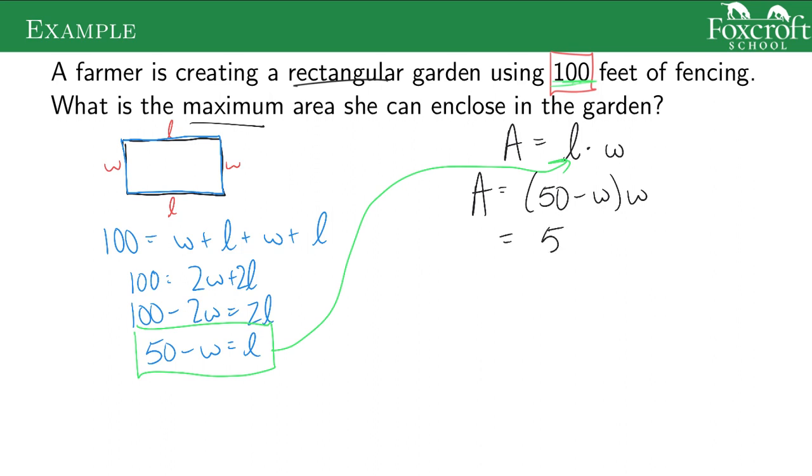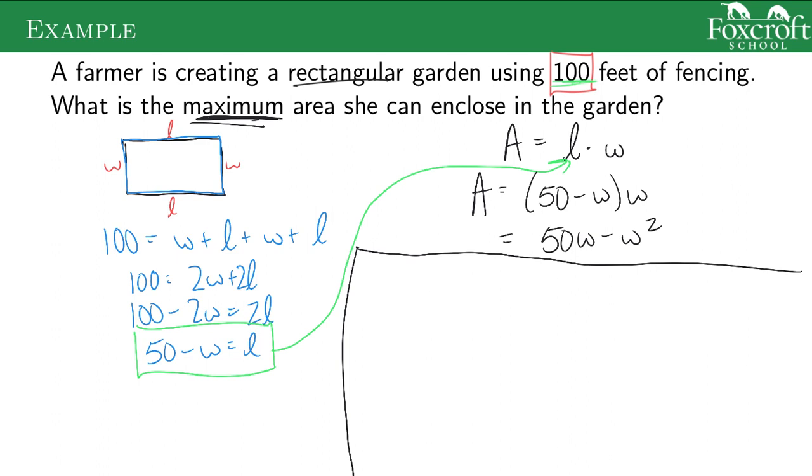That gives me 50W minus W squared. Now this is good because I have a function with only one variable, and I want to think about how to maximize it. To find the maximum, that's finding our absolute max, and we have to break it up into two parts. The first thing is to find our critical points.